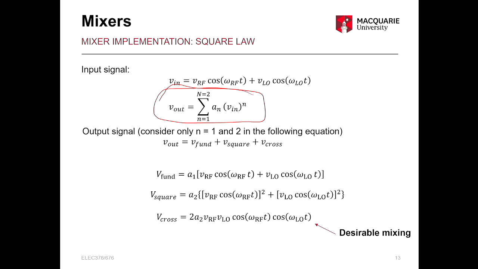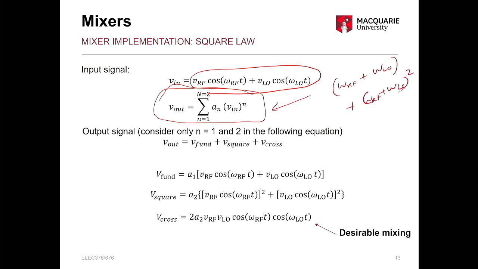Okay, so you give a signal in, which is the sum of the two signals, the RF signal and the LO signal, and then you give it through this system, that'll give you this plus omega RF plus omega LO, the whole square.